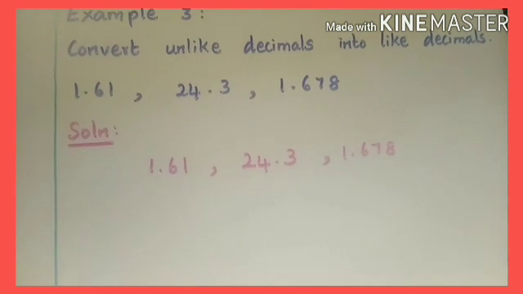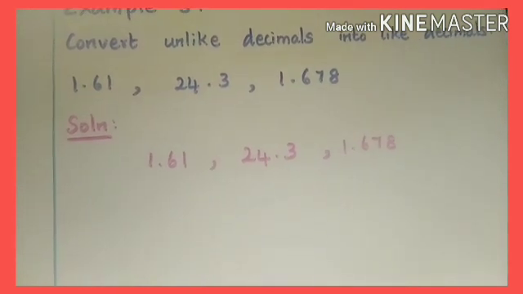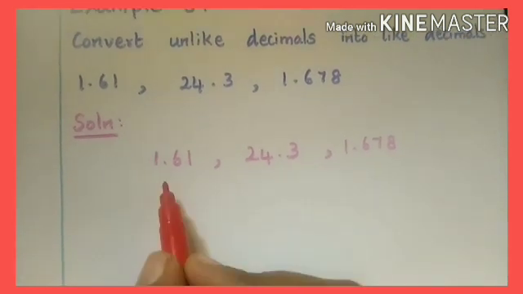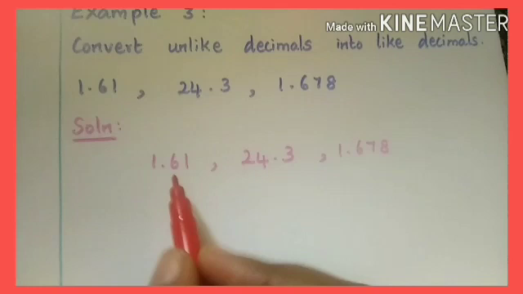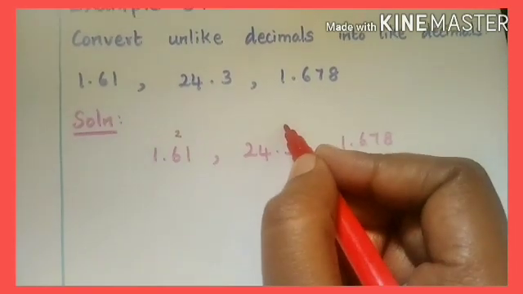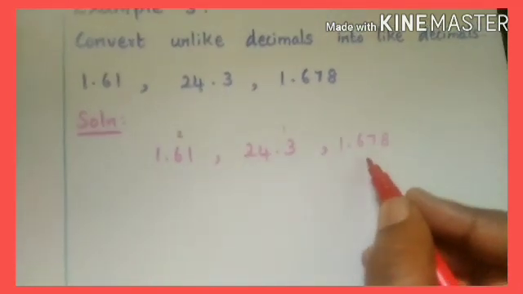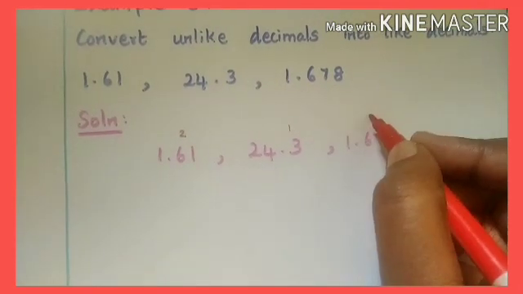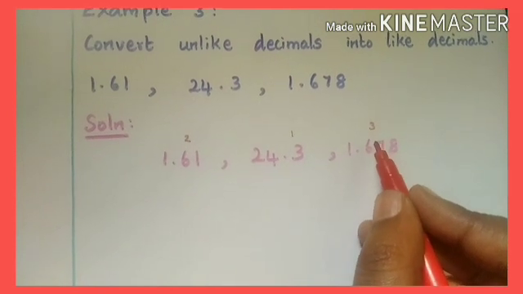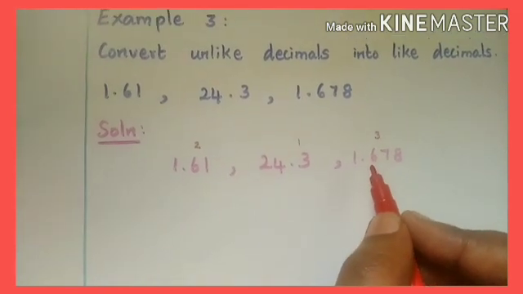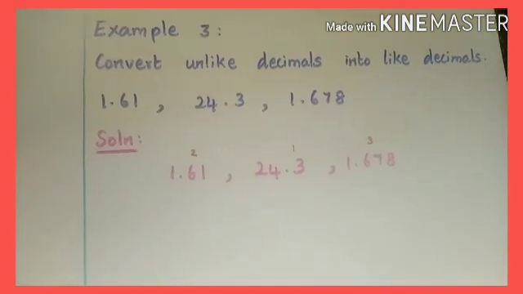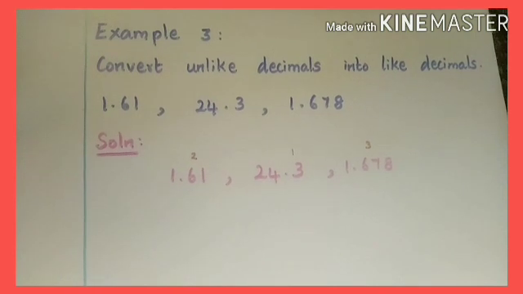There are 2 decimal places in 1 and 61 hundredths, 1 decimal place in 24 and 3 tenths, and 3 decimal places in 1 and 678 thousandths. In this sum, the maximum number of decimal places is 3. So we have to convert all the given decimals into 3 decimal places.